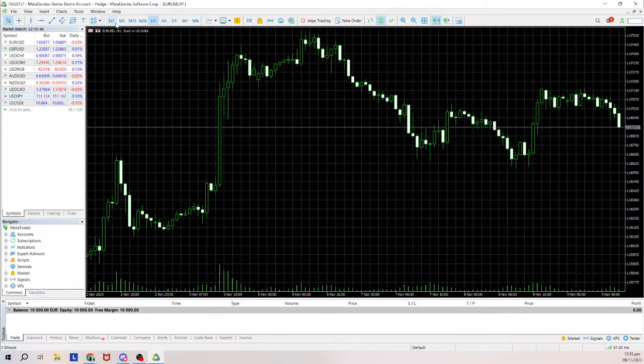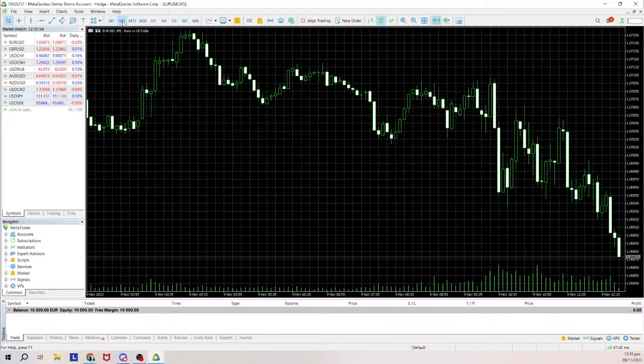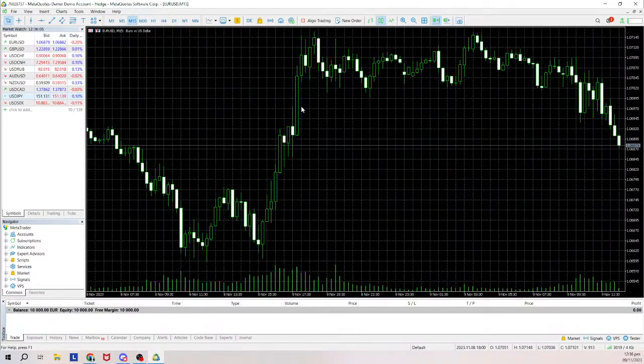Here are the different time frames. Each candle that you see here represents a specific period. If I change to M1, every single candle here represents 1 minute. If I change to M5, you see M5 is all the way back to November 9, but if we go M15, November 8, each candle is 15 minutes here.